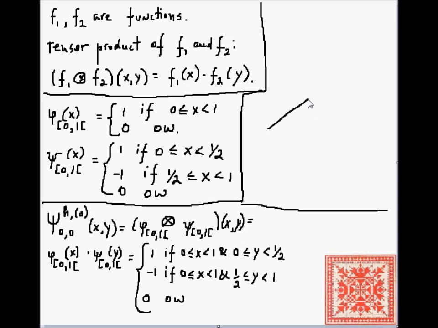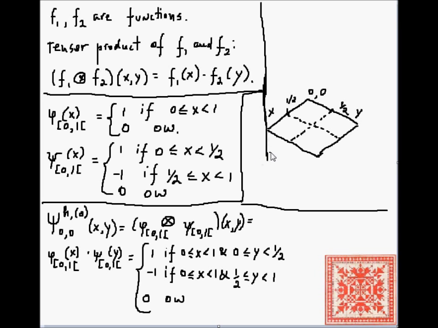So graphically, this wavelet can be defined as follows. You have our origin at 0, 0, then the x-axis and the y-axis, with the intervals on both axes from 0 to 1. And this time we will have to draw the z-axis.